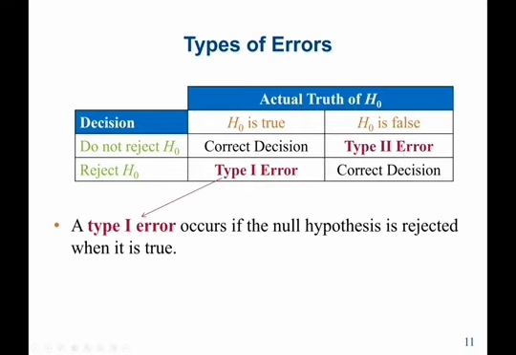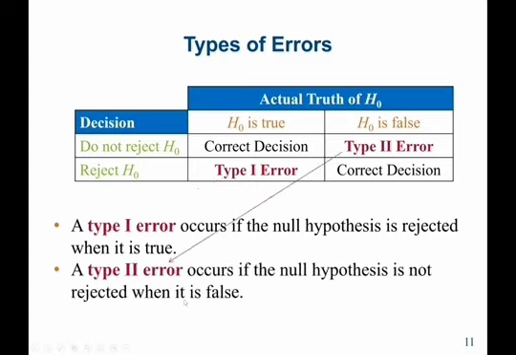A false H0 is supposed to be rejected, so if we do not reject it, then we have a type 2 error. Type 1 error occurs if the null hypothesis is rejected when it is true, and type 2 error occurs if the null hypothesis is not rejected when it is false.